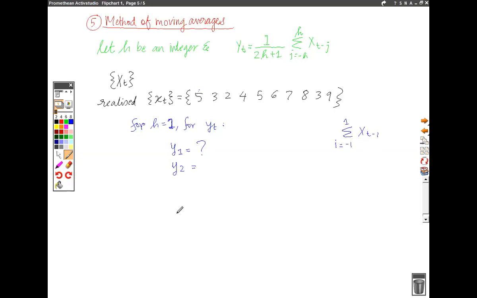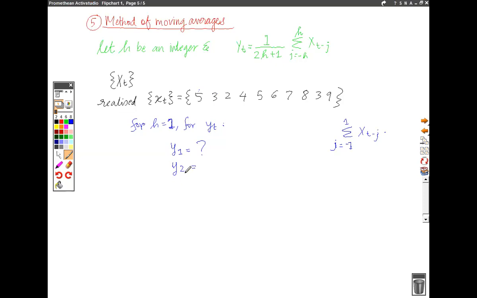And let us say I have y2. So now what I will be summing up over here, yeah, this should be j. Okay, good. So for y1 I'll have xt minus 1, xt, and xt plus 1 there.